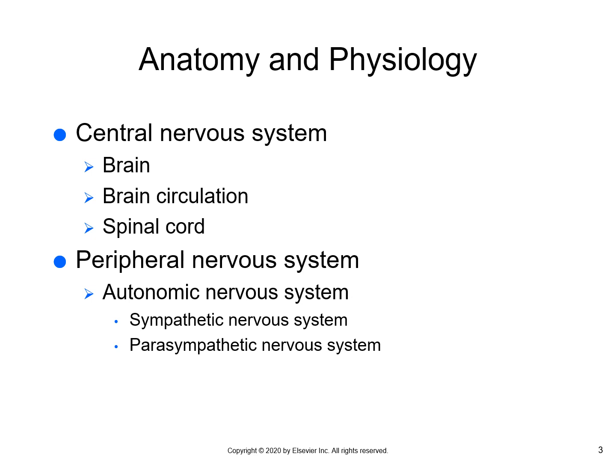Okay, we're done with brain circulation. Now let's go over your spinal cord. For the spinal cord, this one extends from the cervical vertebra, your C1, to the level of the second lumbar vertebra, which is the L2.